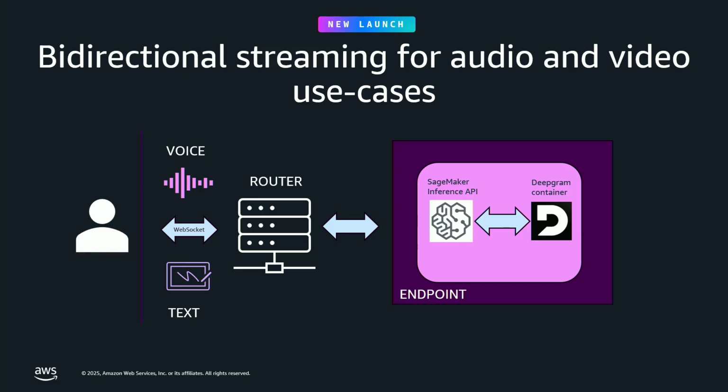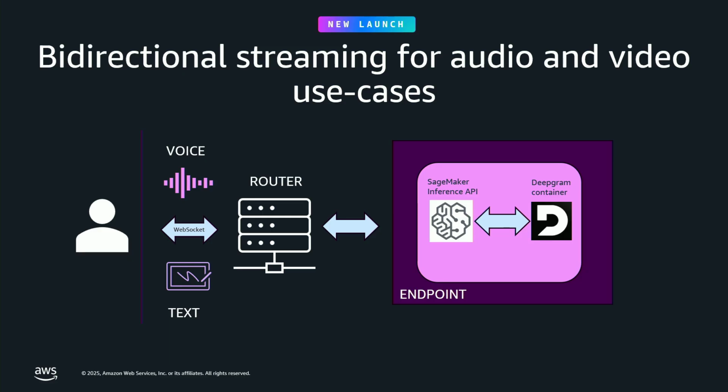And the WebSocket connection takes care of establishing a connection between the model and the router, and it takes care of streaming the responses using the same connection. So it doesn't keep opening new connections, but it uses the existing connection to stream the response in both ways. And this is super useful in cases like when you're talking to a customer agent, they don't have to wait till you send the entire request.